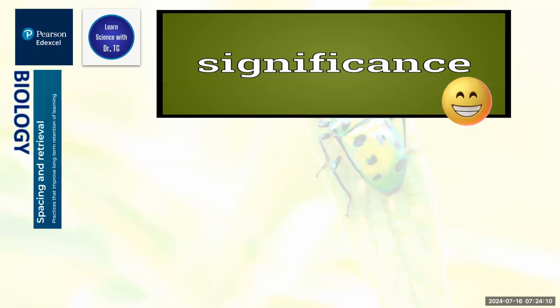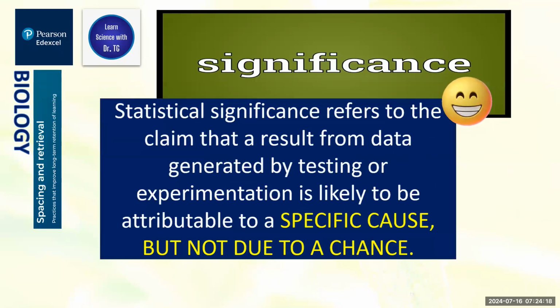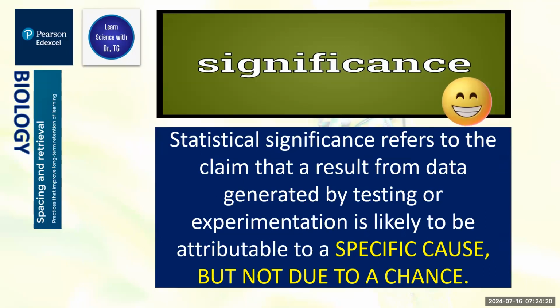It has happened due to a scientific reason. So statistical significance refers to the claim that a result from data generated by testing or experimentation is likely to be attributed to a specific scientific cause or reason, but not due to a chance.